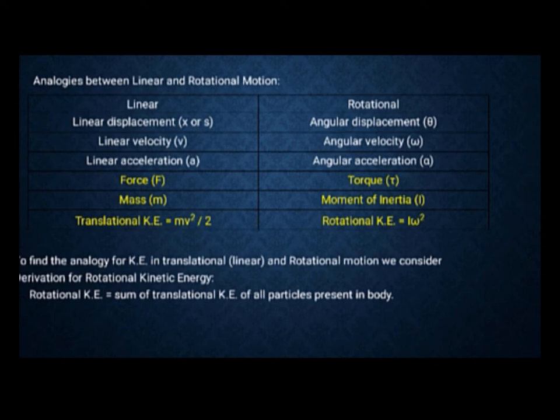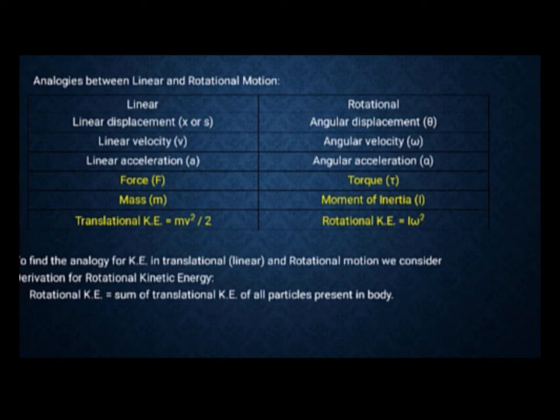Therefore, we denote it as theta. In linear motion, we represent velocity by small v, and in rotational motion, we represent velocity, which is angular velocity, by omega.